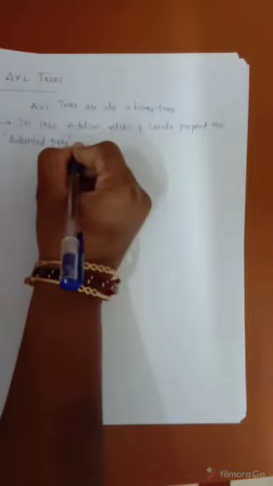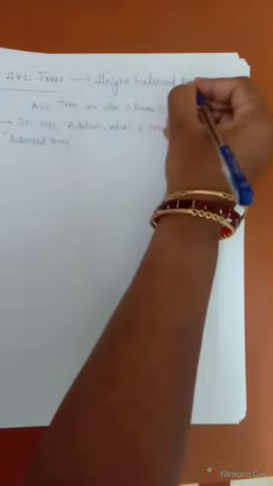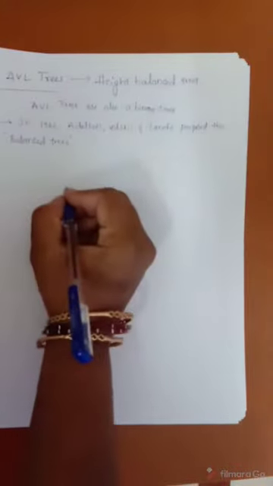This is also known as the height balanced tree. Nothing but the AVL tree is nothing but the height balanced tree.